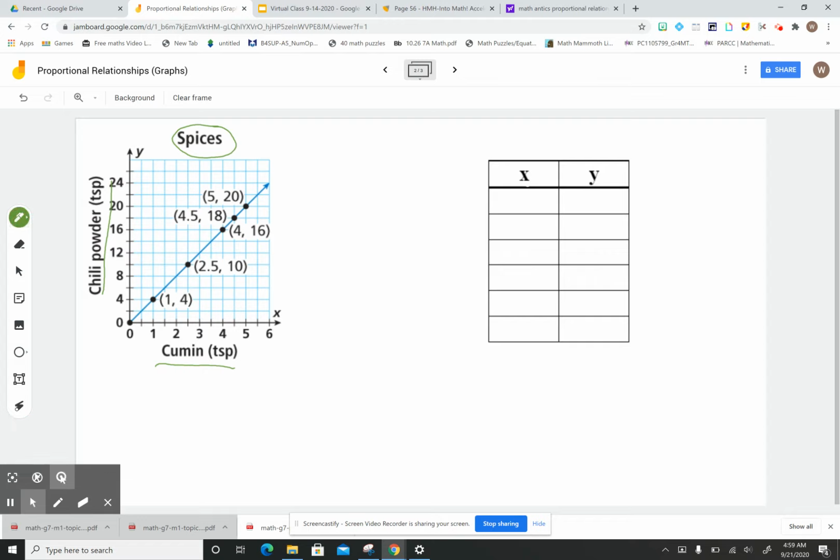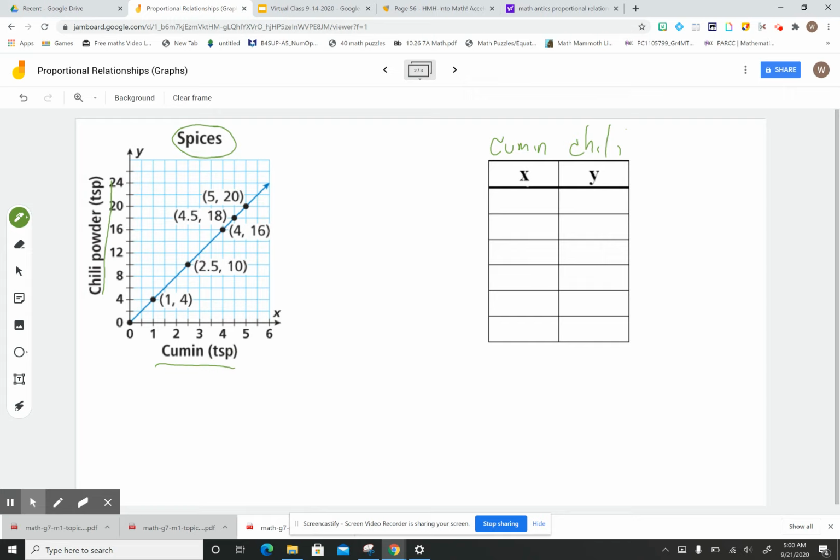So we want to label X and Y appropriately and accordingly. So when we actually do that, our X is going to be cumin. Our Y is going to be chili powder. So X, cumin, Y, we'll just put chili.